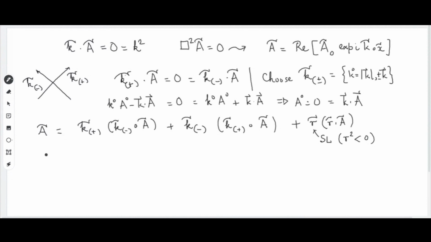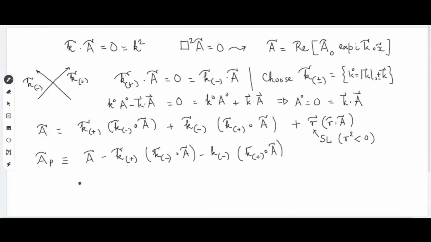Of course, this is the same thing as, so now we can define the physical part, the projected part, which is nothing but A minus K plus K minus dotted into A minus K minus K plus dotted into A. These are four-dimensional dot products.